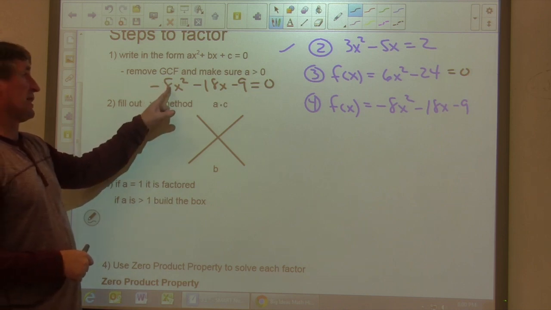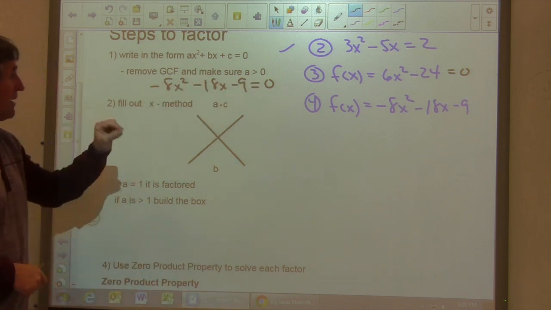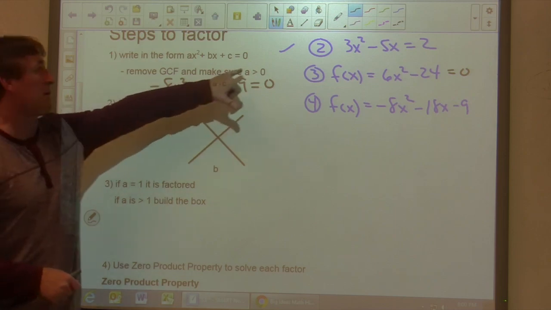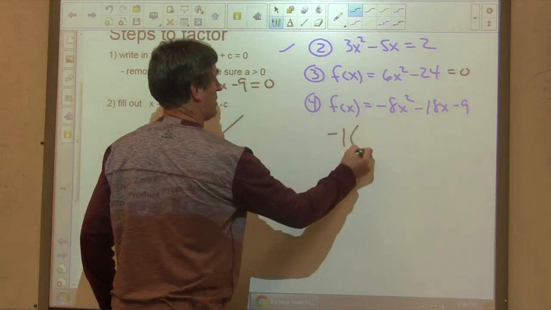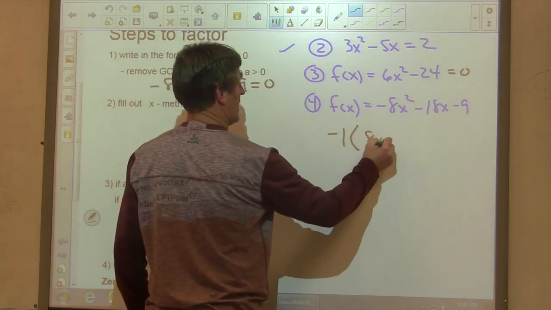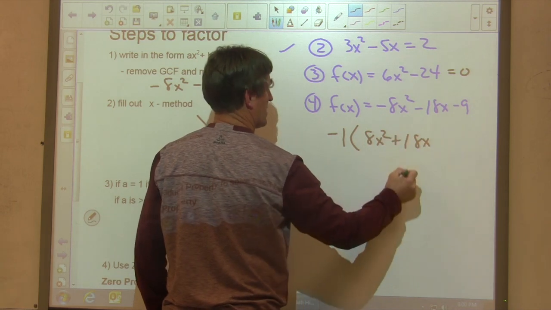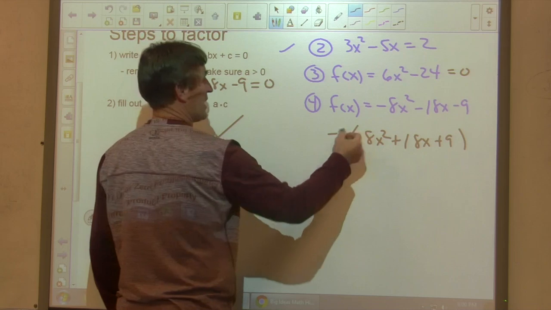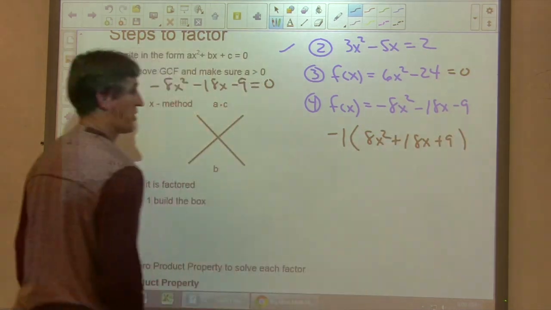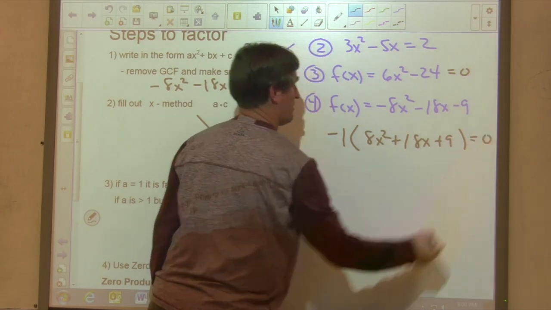Now there's nothing that goes into negative 18 and negative 9. But remember, we want this first term to be greater than 0. So what we're going to do is simply pull a negative 1 out. 8x squared plus 18x plus 9. Again, we pulled the negative 1 out of everything, so it changed all the signs. So now this equals 0.